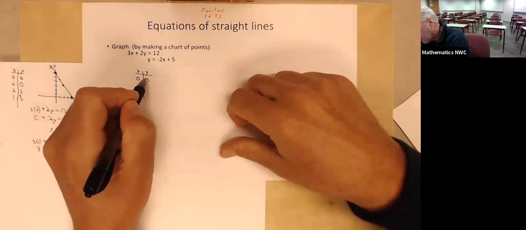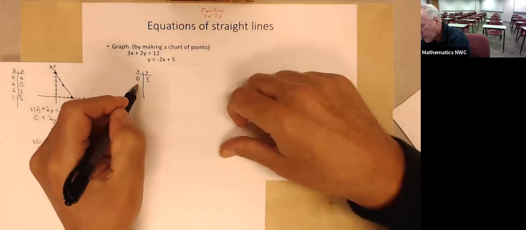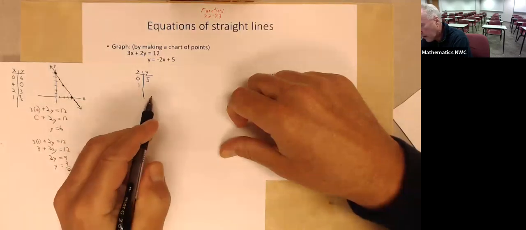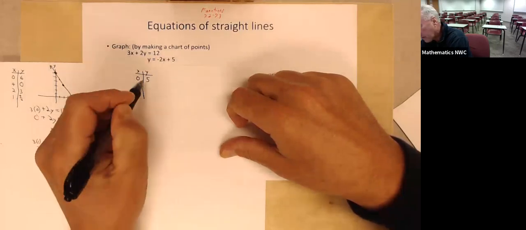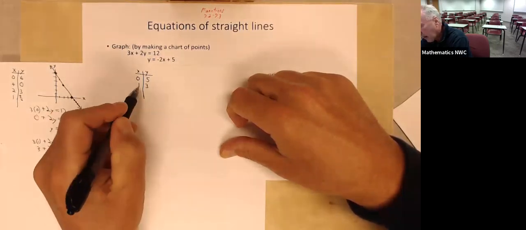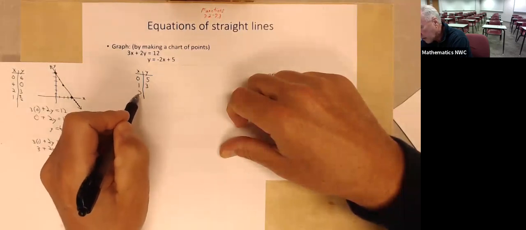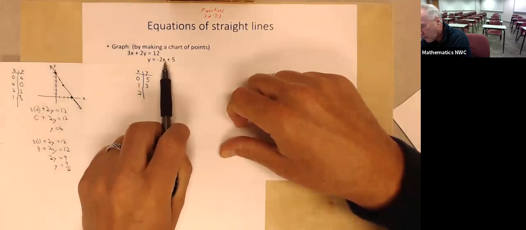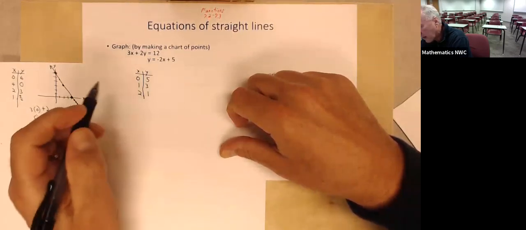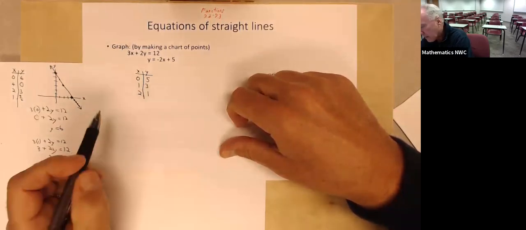So the y has to be a value of 5. Other values I could choose would be x equal to 1. Then -2 times 1 would be a -2, plus 5 would be 3. I could also, in this case, choose x to be 2. A -2 times 2 is a -4, plus 5 would be 1. I have 3 points. That would be enough.